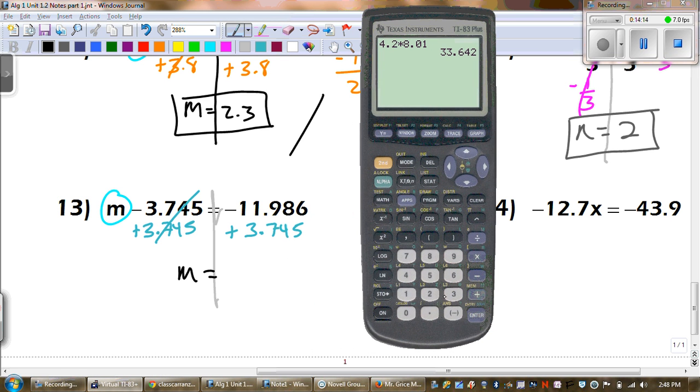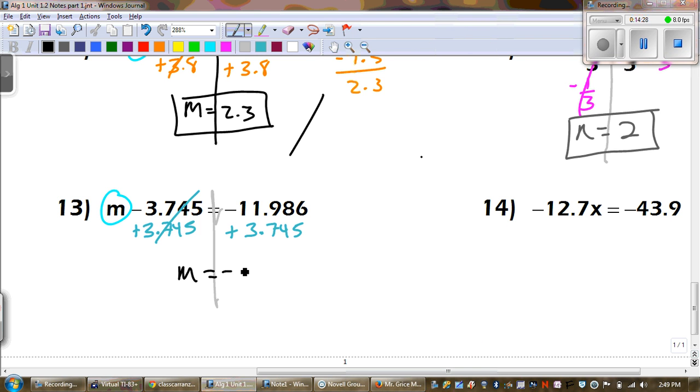Okay, I have negative 11.986, and I am adding 3.745. I get negative 8.241. And once again, we need to look at that decimal and round. Since it's a 1, I don't go up. I stay the same.